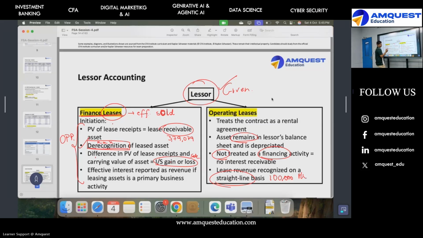What journal entry will really pass for this? Come on, you tell me. Debit what? Lease receivable, right? And credit what? Sale of asset. Good. So basically it's crediting the fixed asset which has gone out. Correct? But is he getting cash today? No, the cash comes every year.